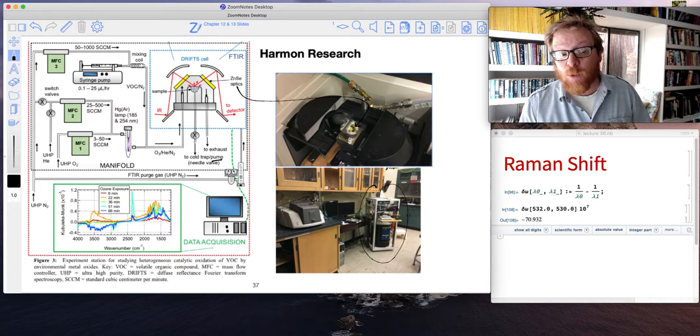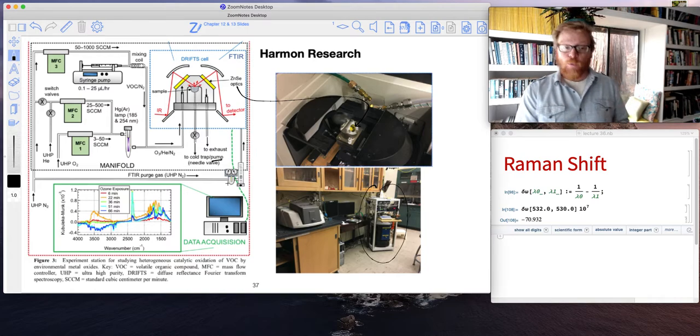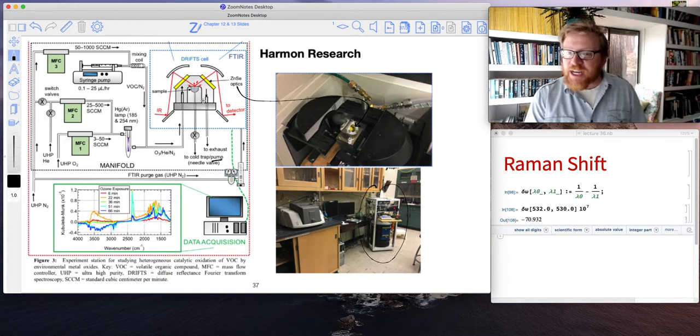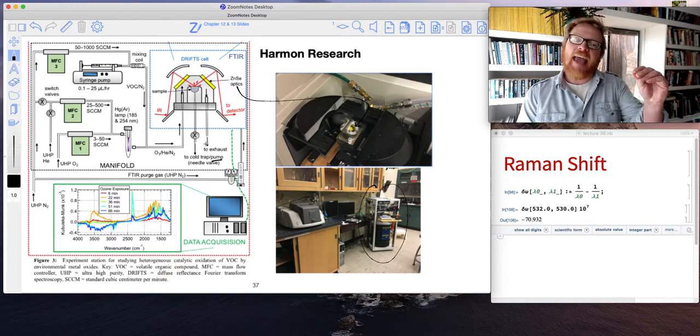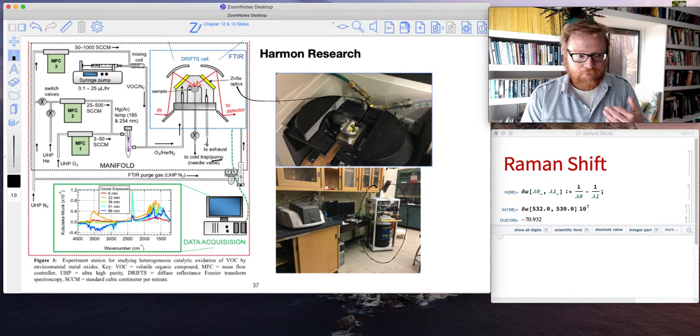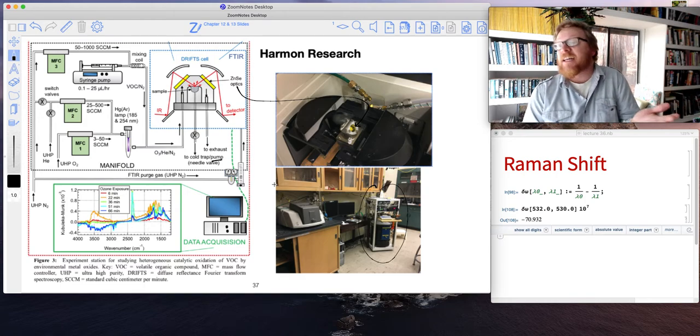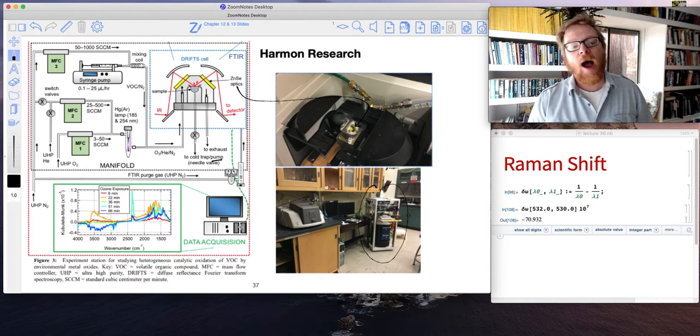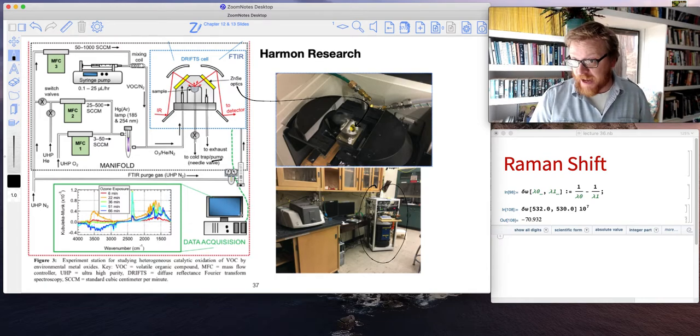Rather, we see what's occurring at the solid interface. We're seeing heterogeneous chemistry as the gas passes over the solid in real time. This is identical to the technique I showed you with that sulfate oxidation reaction. So that's where I got my inspiration.